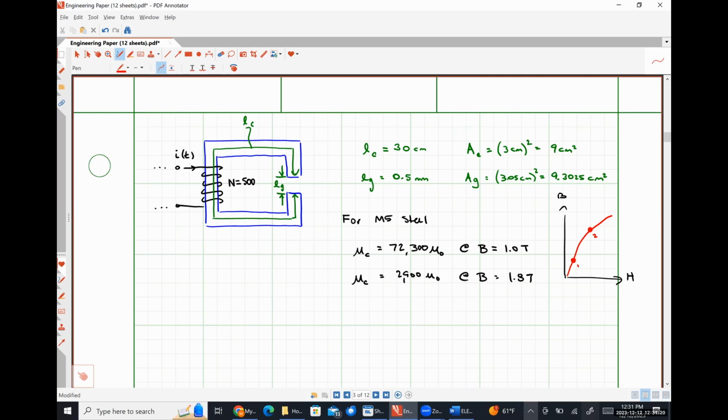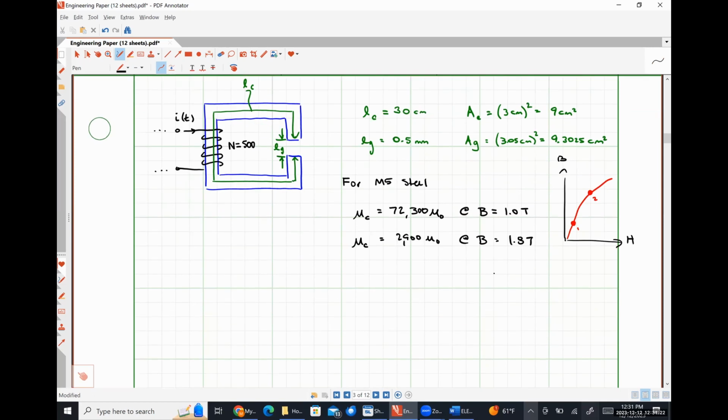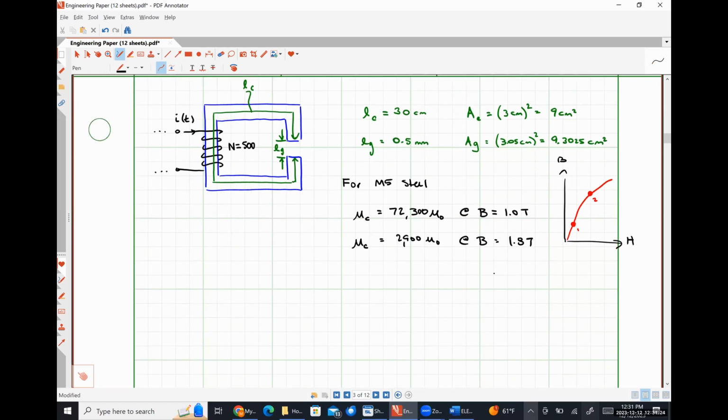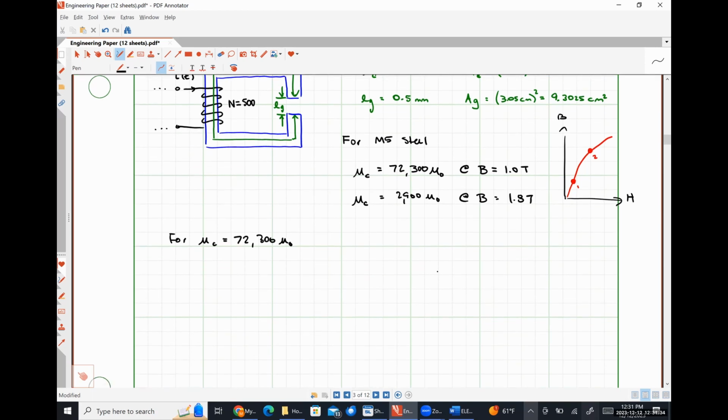So let's start with our core reluctance at the 72,300 mu naught, right?